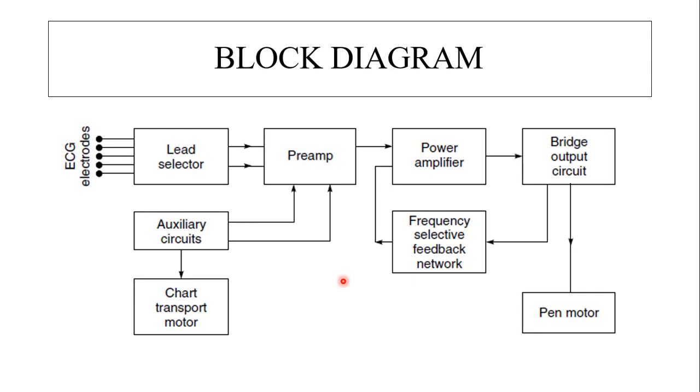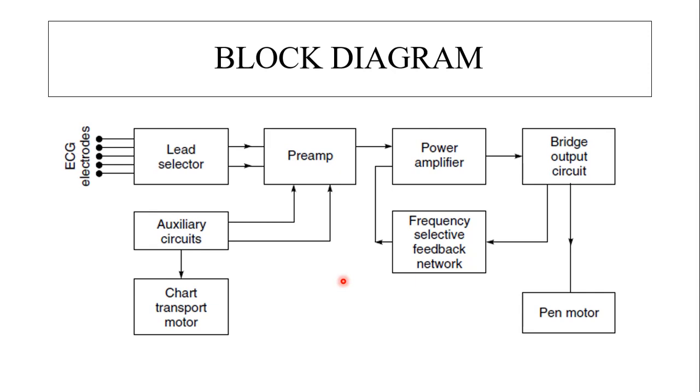How the x and y axis of the pen motor is controlled is shown from here. The auxiliary circuit provides a 1 millivolt calibration signal and automatically blocks the amplifier during a change of position of the lead switch.